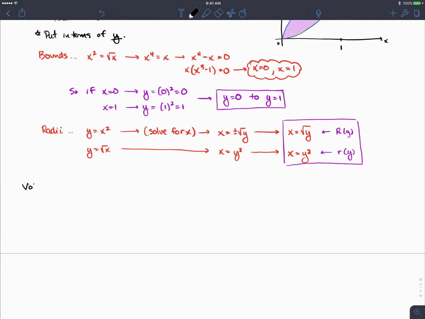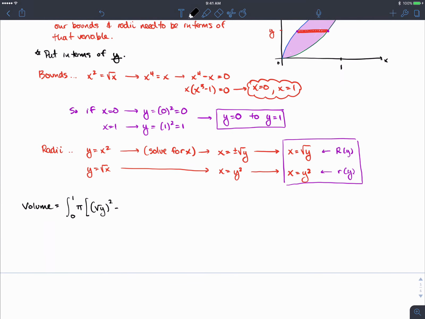So volume is going to be equal to the integral from y equals 0 to y equals 1 of pi times the square root of y squared, our outer radius squared, minus our inner radius squared, integrated with respect to y.